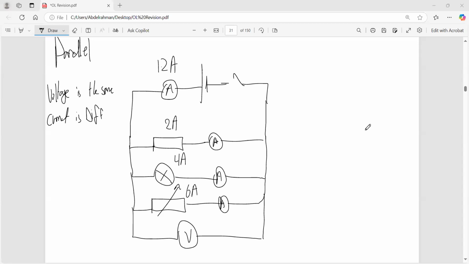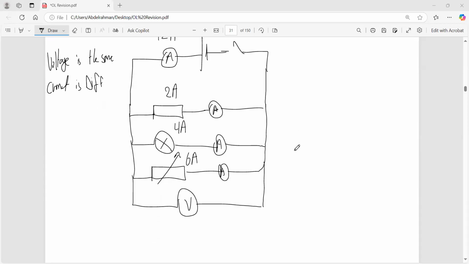Now, the current in each of these branches depends on what, Shabab? It depends on the resistance of each resistor. Meaning that if you have a larger resistance, what happens to the current? The current decreases. And if you have a much smaller resistance, what happens to the current?